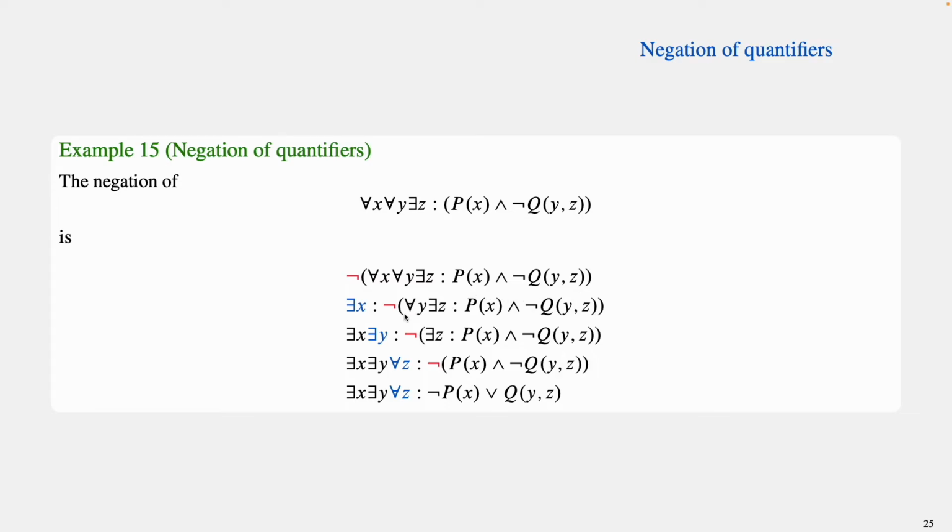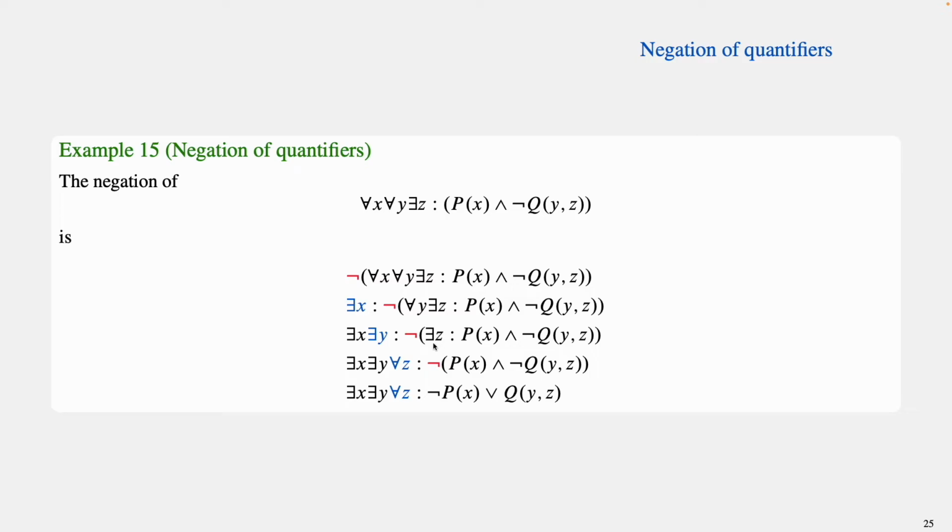Now I repeat the whole procedure with the remaining proposition inside the parentheses. I flip the for all into an existential quantifier and I move the negation past it. So now I have there exists x and there exists y for which the negation of this remaining bit should be true.